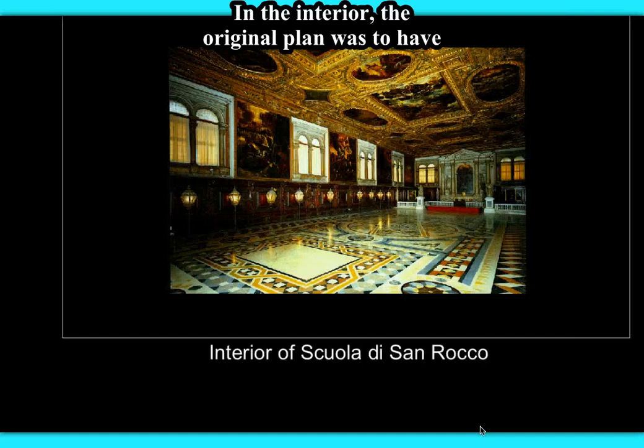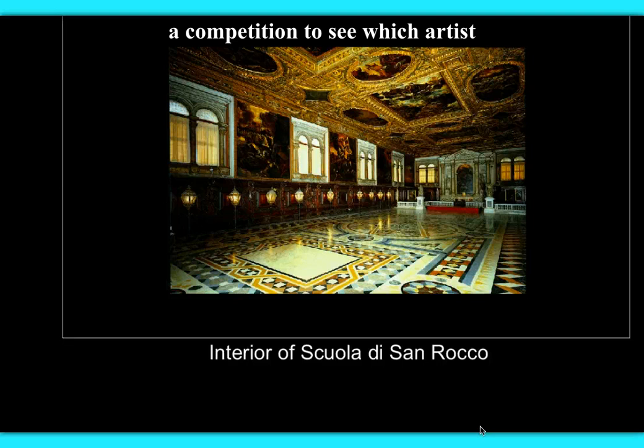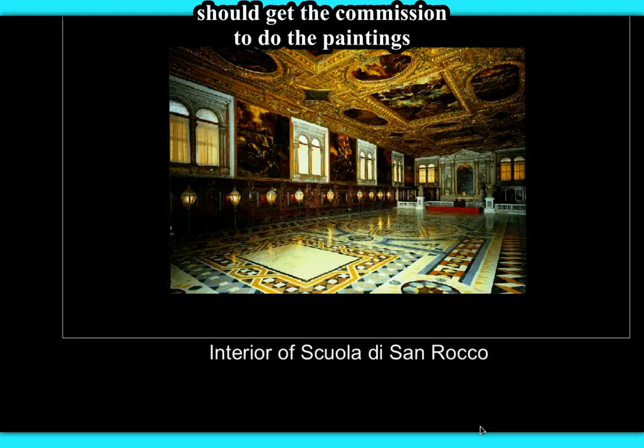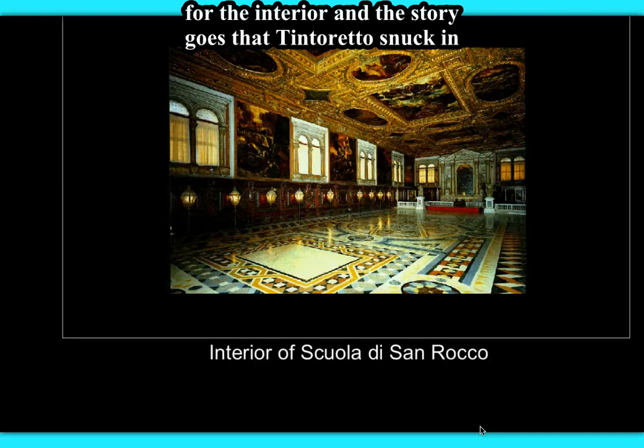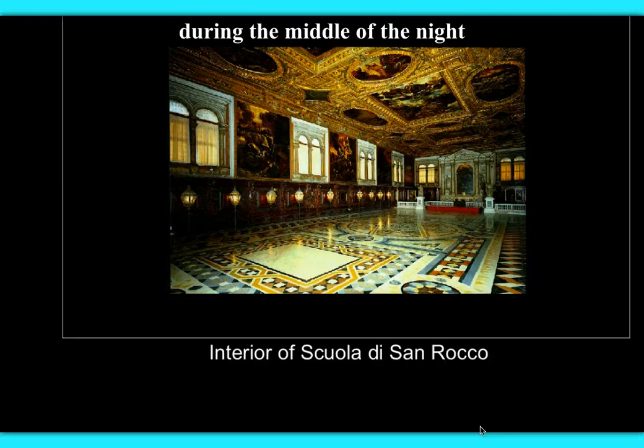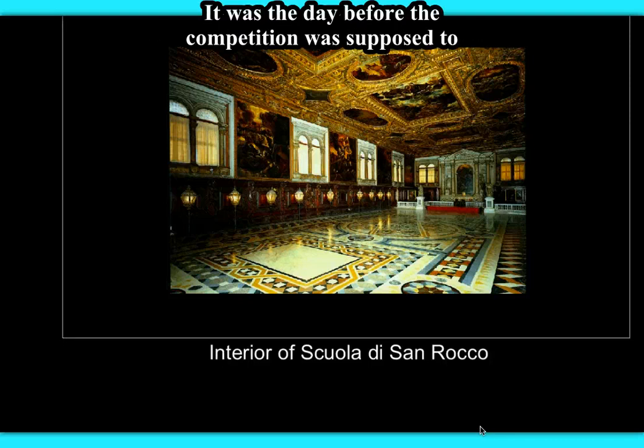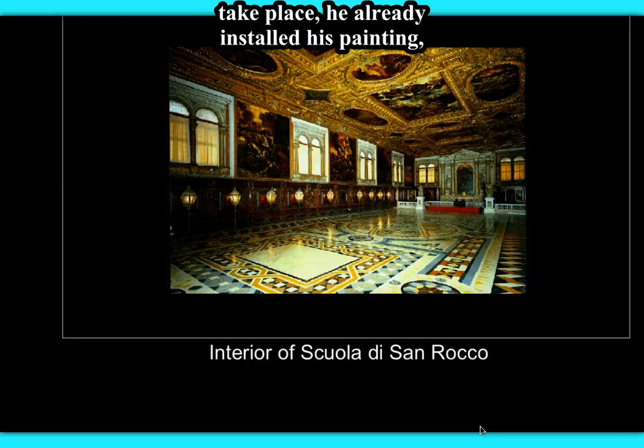In the interior, the original plan was to have a competition to see which artist should get the commission to do the paintings for the interior. And the story goes that Tintoretto snuck in during the middle of the night and put one of his paintings in place. It was the day before the competition was supposed to take place.